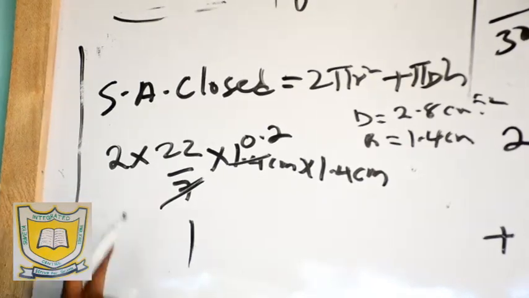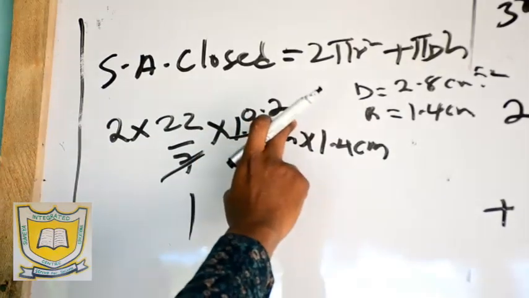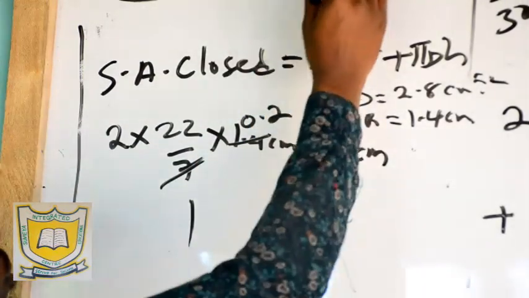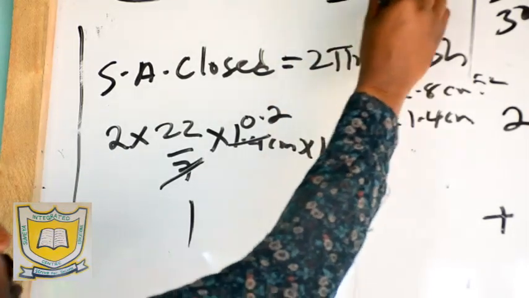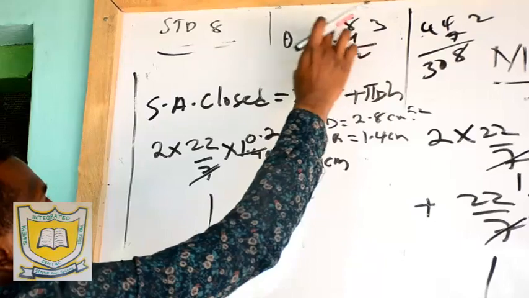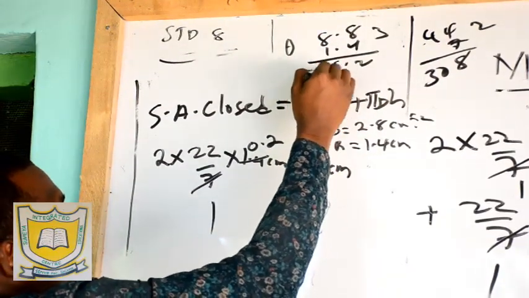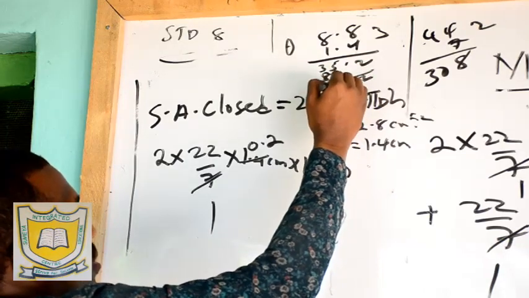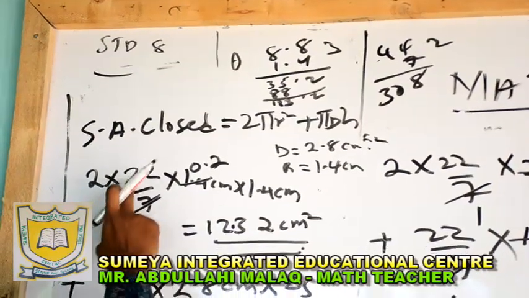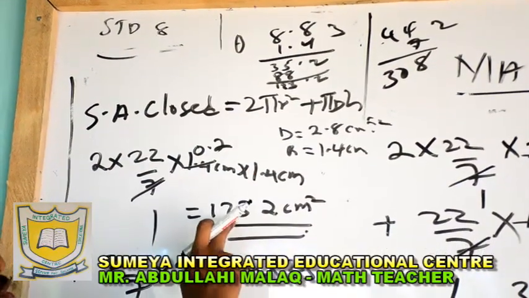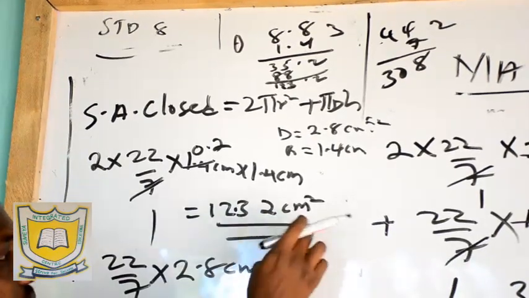Now let us multiply. 22 times 2 is 44. 44 times 0.2 is 8.8. 8.8 times 1.4, you will get 12.32 centimeter squared.